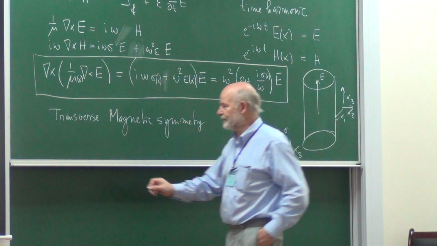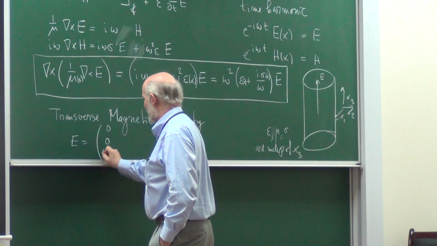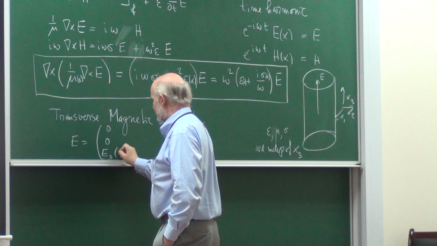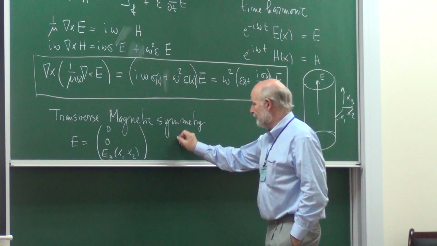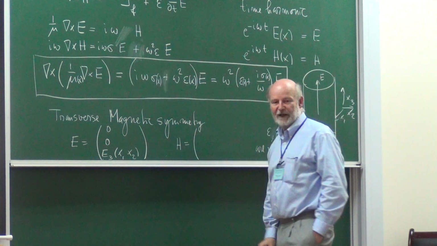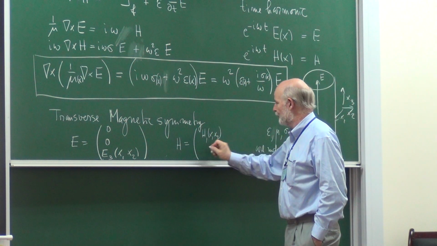So in that case, the electric field is equal to (0, 0, E3), where the third component only depends on x1 and x2. And then the magnetic field will correspondingly be equal to (h1, h2, 0), where h1 and h2 depend on x1 and x2.